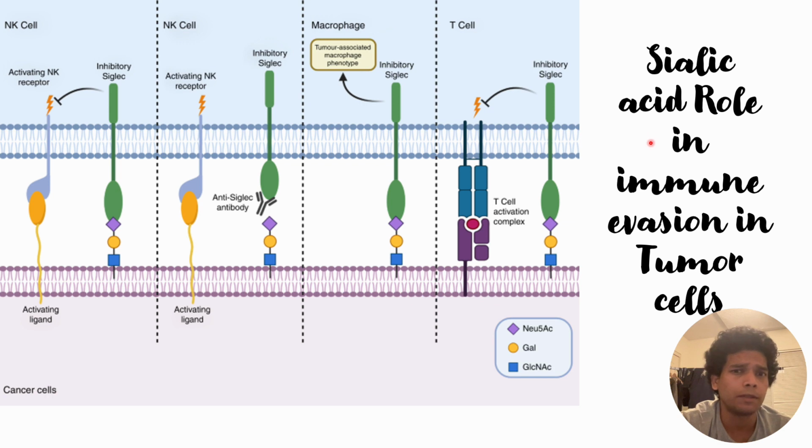So what happens because of this hypersialylation? The increase in the number of sialic acids leads to immune evasion in the tumor cells.